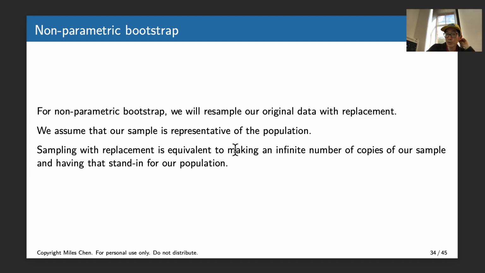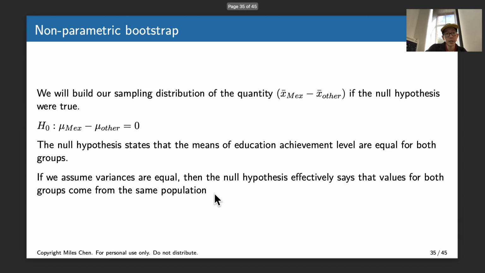Okay, non-parametric bootstrap, we're going to assume our sample is representative of the population. And so we say, how should I simulate my data if the null hypothesis were true?